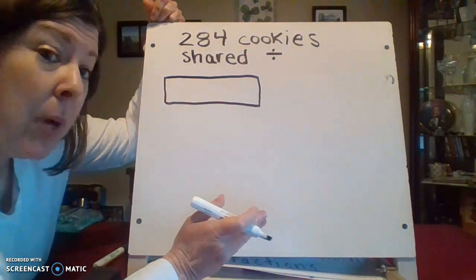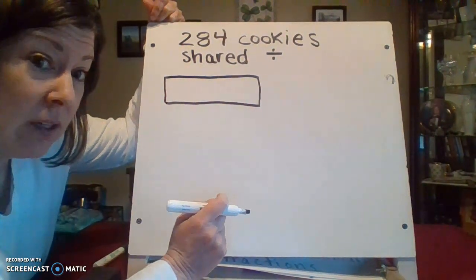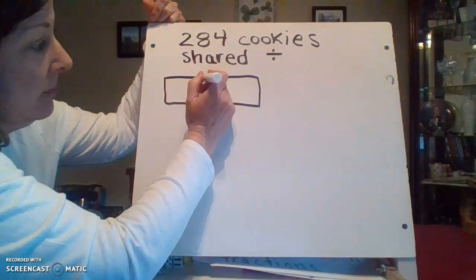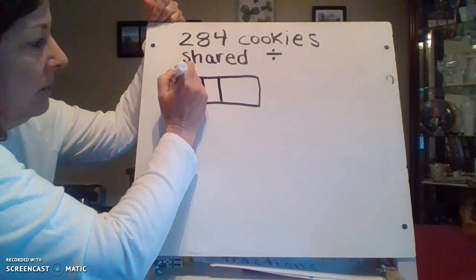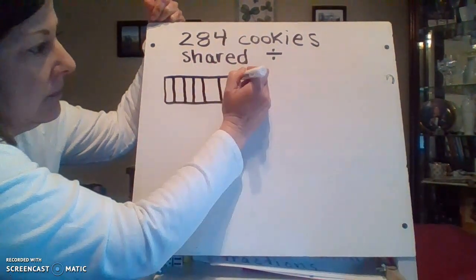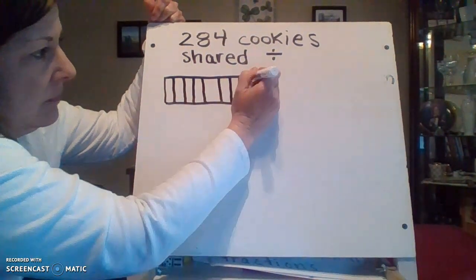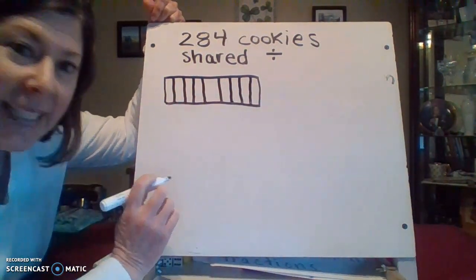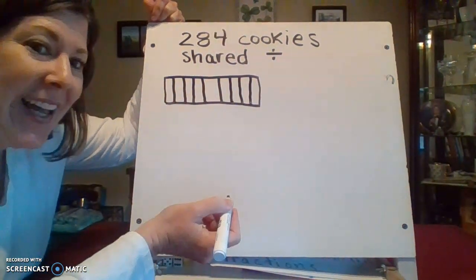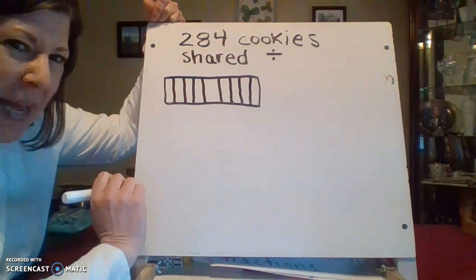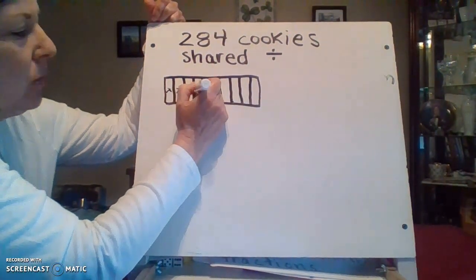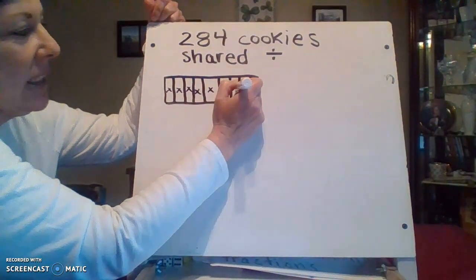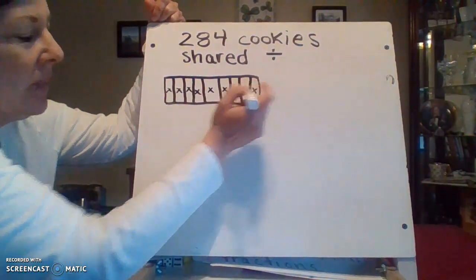And I'm going to have 9 parts because there are 9 classes. Each class is going to get the same amount. So I'm just putting an X in each one because each class is getting the same amount.